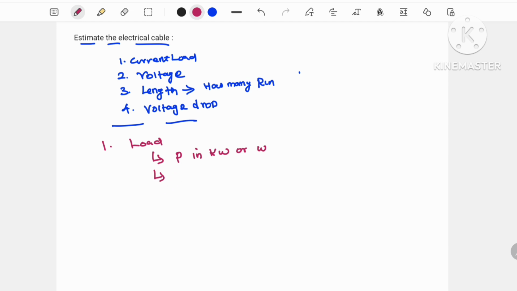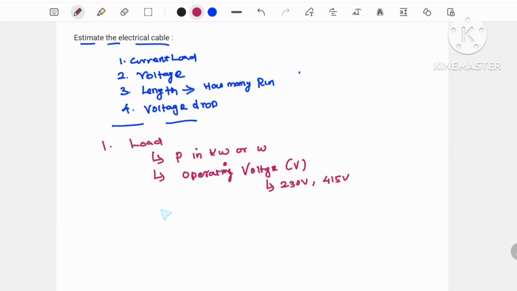Number 2, find the operating voltage, called V. For example, single phase 230 volt, three phase 415 volt.